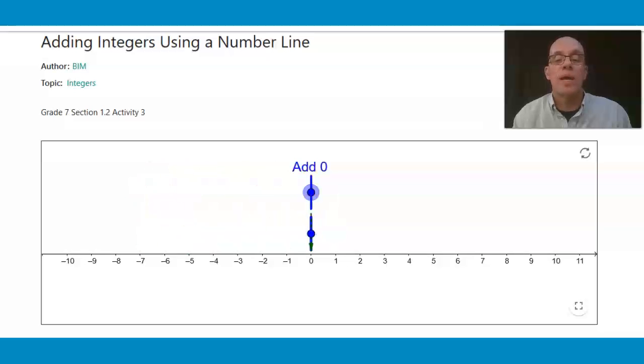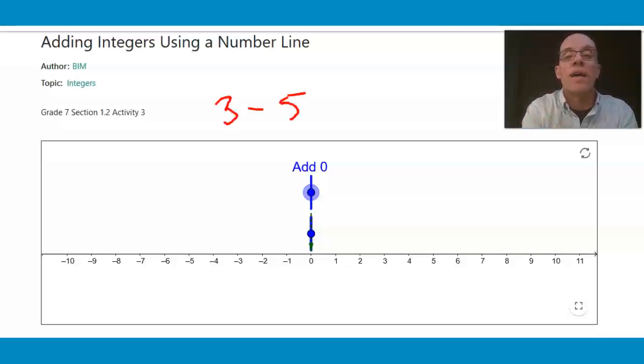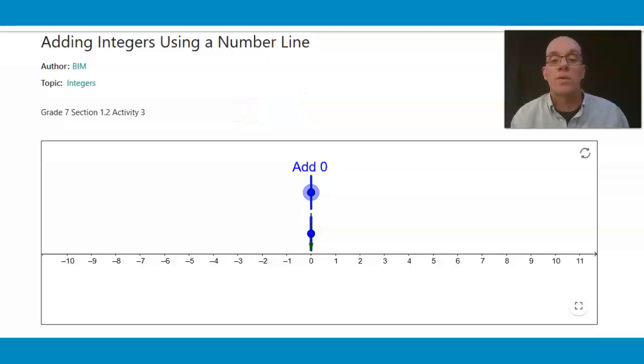So what happens when I have 3 minus 5? So what is 3 minus 5? Let me draw that out here. If I add the opposite, 3 minus 5 is the same thing as 3 plus negative 5. So 3 plus negative 5 on our number line is going to look like this.